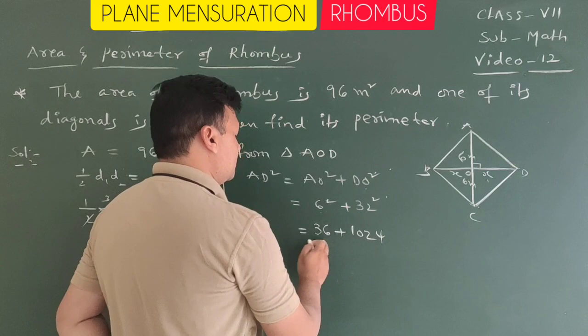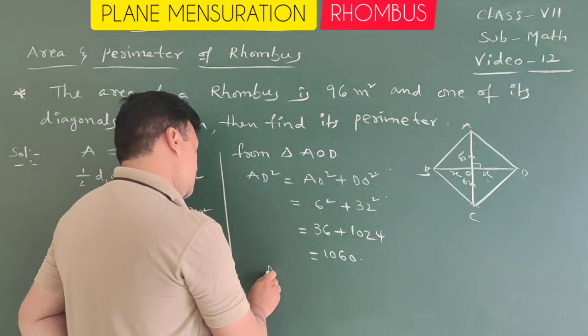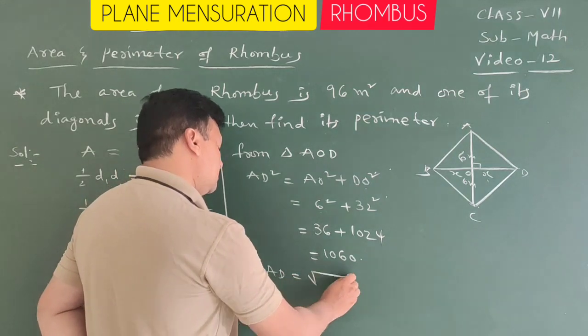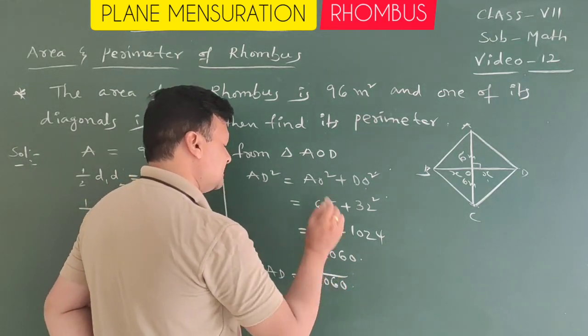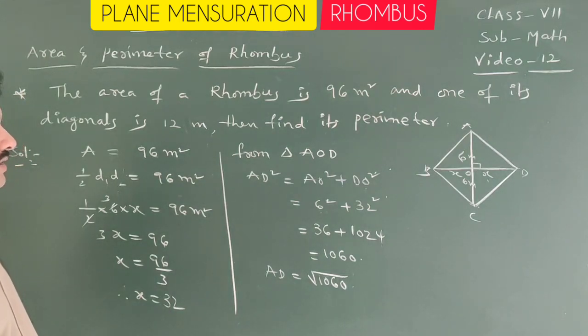So here 1024 plus 36 means 1060. So AD equals square root of 1060, and with the square root of 1060 we can easily find its perimeter.